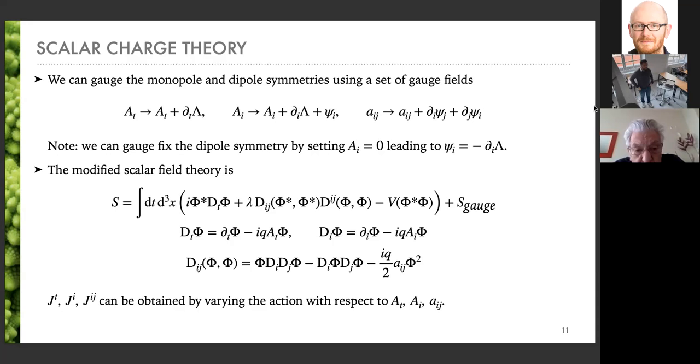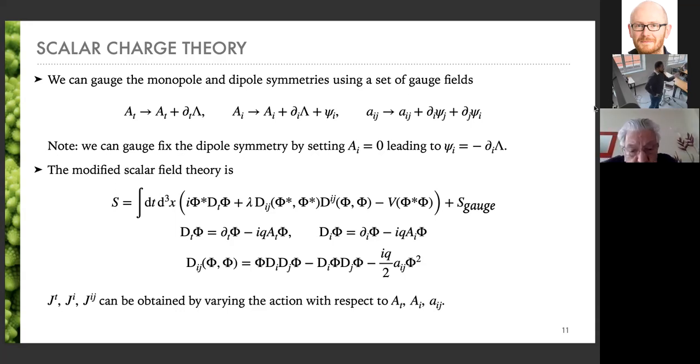I'm not going to do it, but it's quite easy to go back and check that this action is invariant, that this symmetry is coupled to the symmetry that I had on the phi fields. Of course, the most utility for me in coupling these field theories to gauge fields is that now you can start probing these systems by treating these gauge fields as background fields. You can start to really probe J_D, J_i, J_ij, and you can obtain them by varying the action, or in the field theoretic description by varying the partition function with respect to these gauge fields.